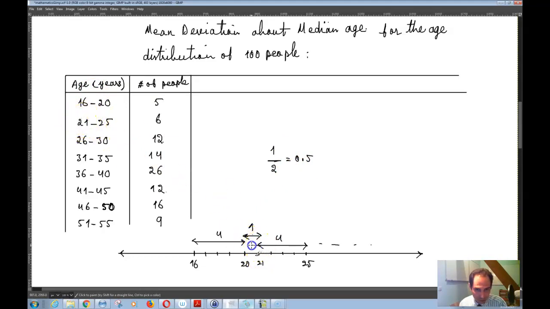If you do so, these two will simply join together. Here you add 0.5 units, and here you subtract 0.5 units, and you do the same thing for every other class: to the upper limits you add, to the lower limits you subtract, and that's how you join all of the classes together.